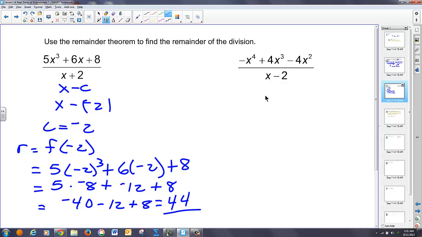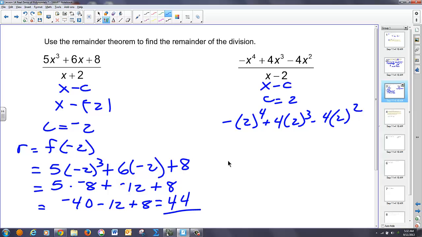So let's go through it. In this case, we notice this is in x minus c form. So c is equal to 2. I'm going to pop my 2 in. This is negative 2 to the 4th plus 4 times 2 cubed minus 4 times 2 squared. I end up with negative 16 plus 32 minus 16.